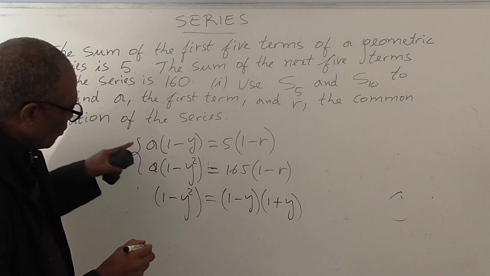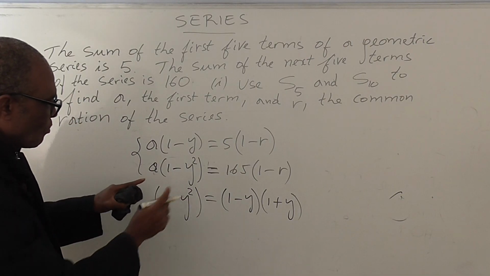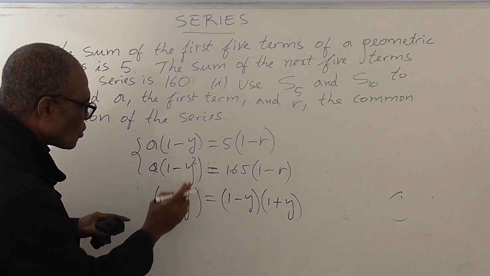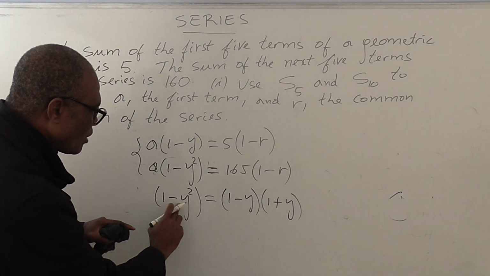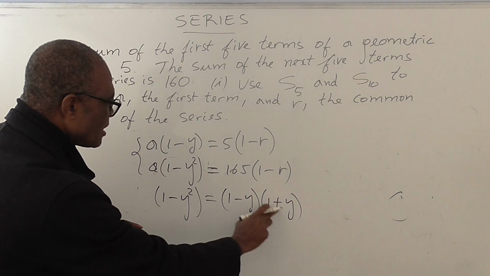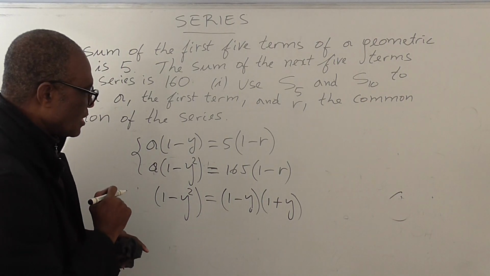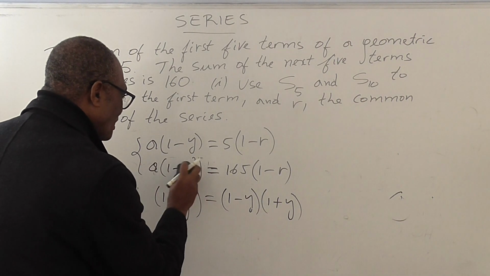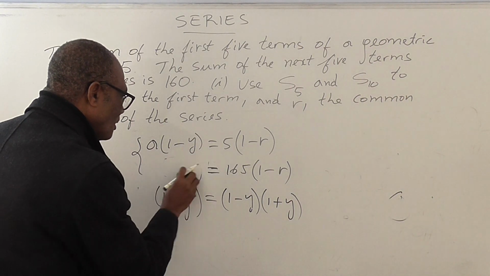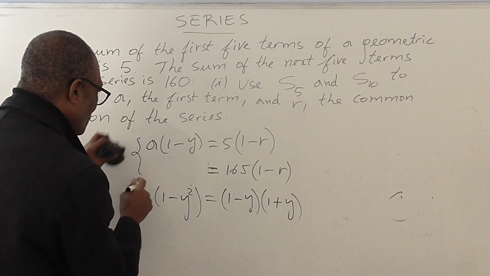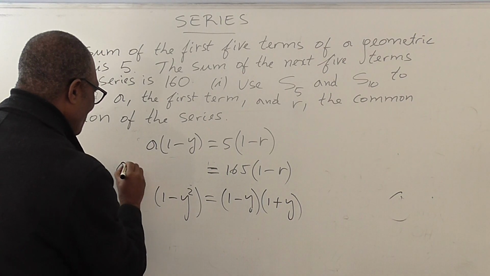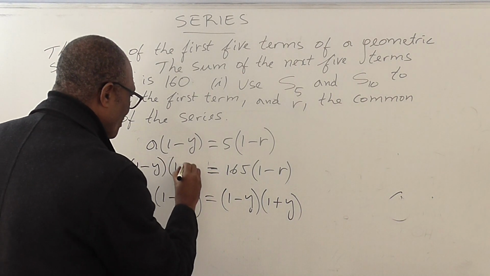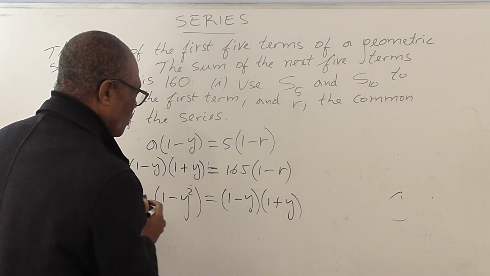I showed that the bracket 1 minus y squared, I can write it in this way. If I factorize this, I get A bracket 1 minus y bracket 1 plus y.